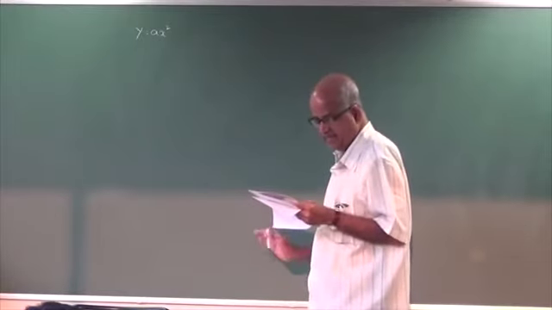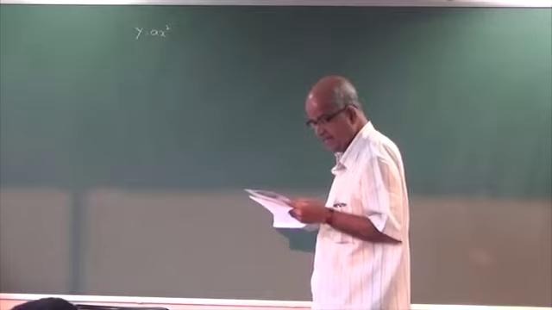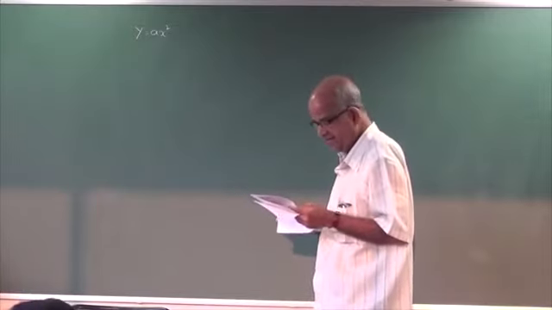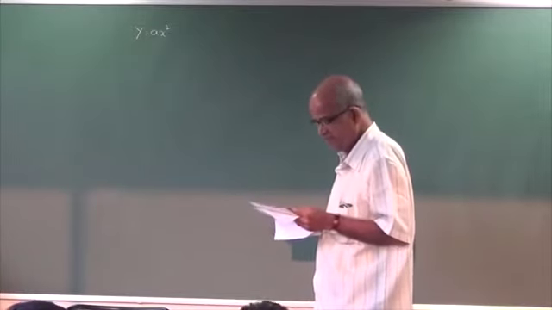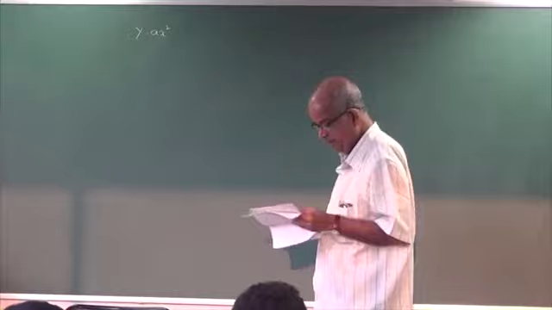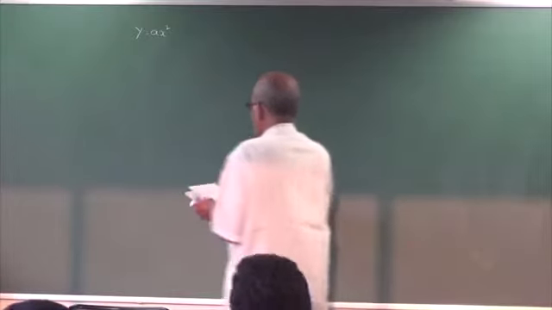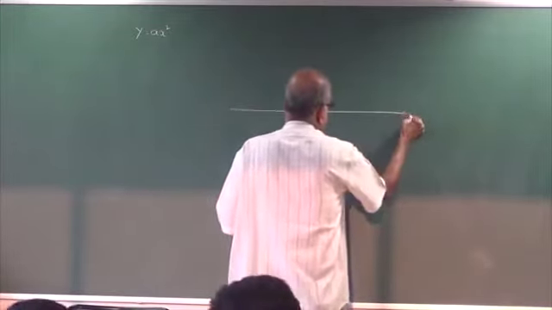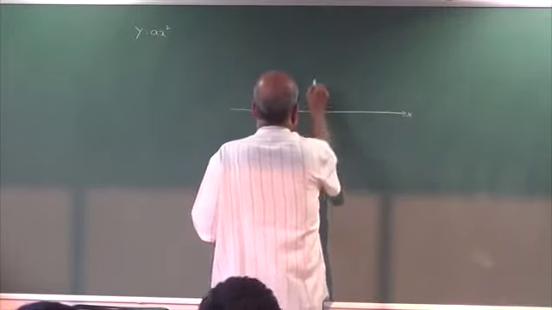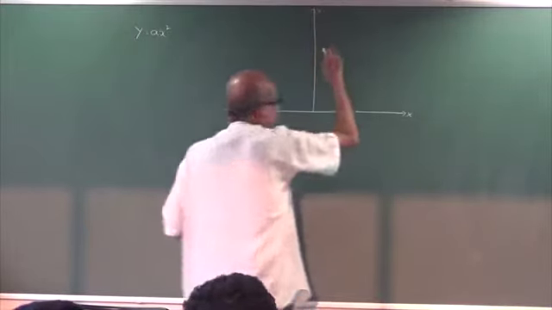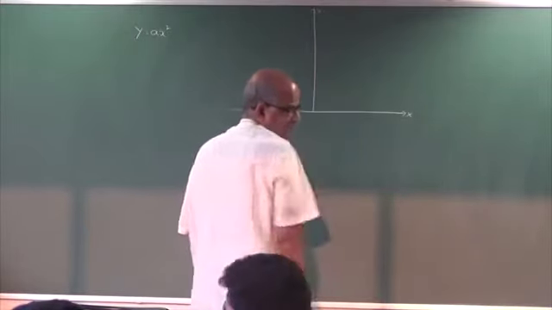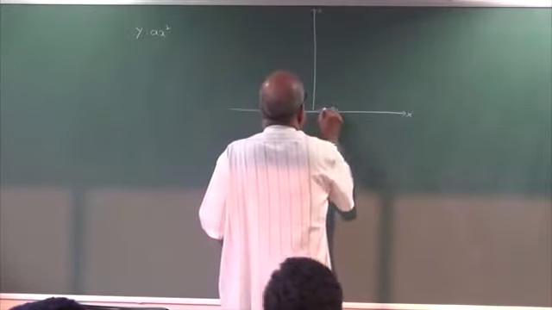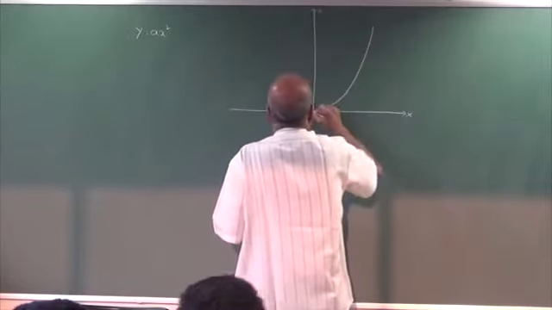He says a wire bent as a parabola y is equal to ax squared is located in a uniform field B being perpendicular to the plane xy. So, you take this as x direction. There is a field applied perpendicular. The parabola is like this.